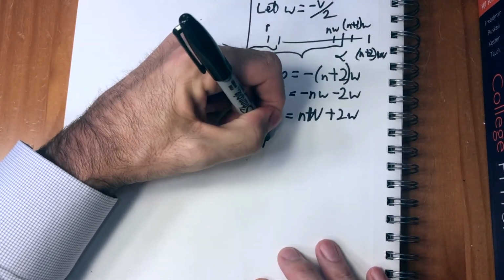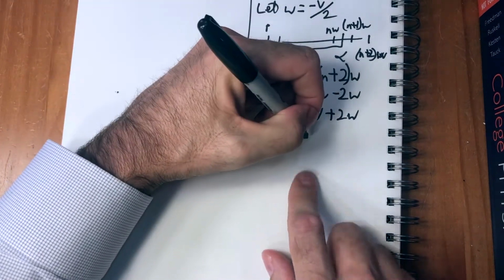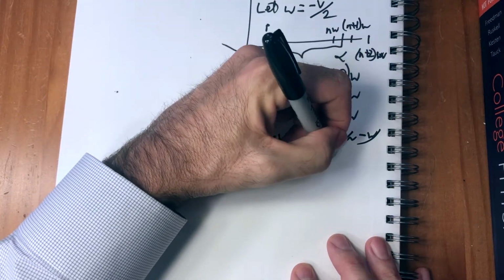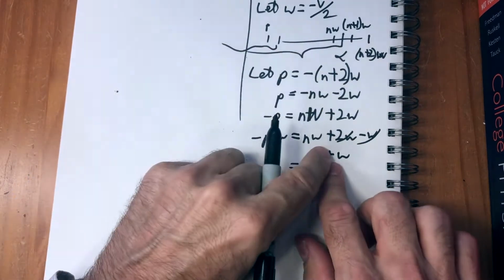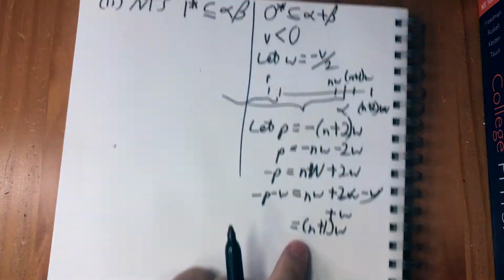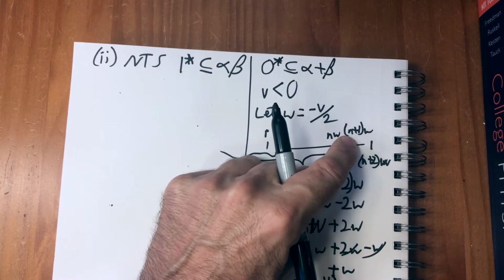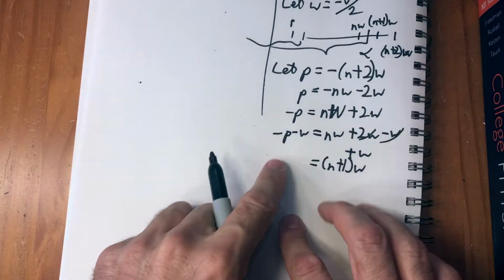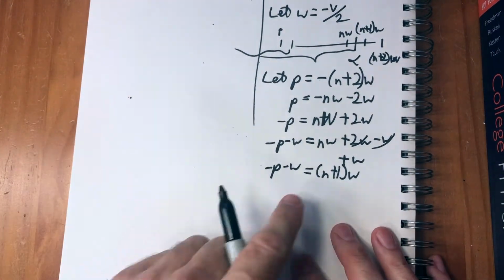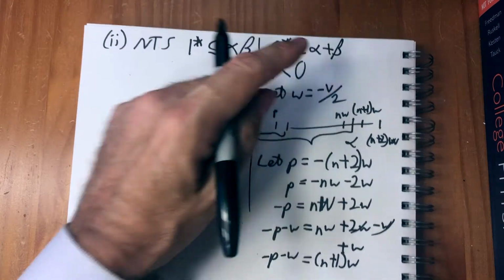So then if we subtract w from both sides, we have that the inverse of p minus w equals nw plus 2w minus w, which equals, if we take out the w, (n plus 1)w, and we started with taking an n that says that (n plus 1)w is outside of alpha. We already know that that's outside of alpha. So what we just showed is that minus p minus w is outside of alpha. That means that such a w exists. That means that p is in fact an element of beta.